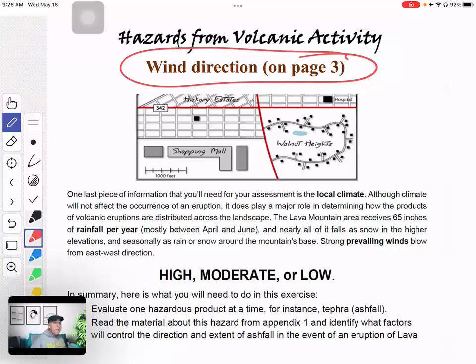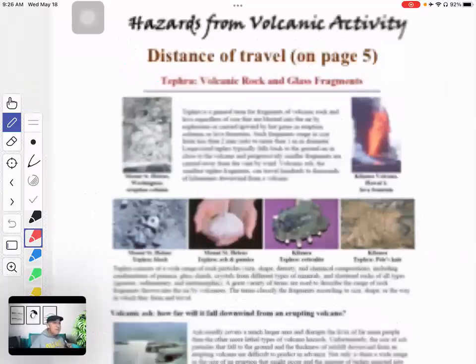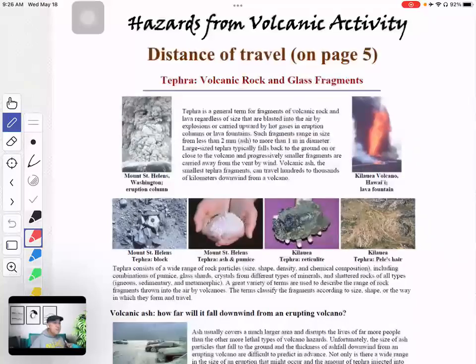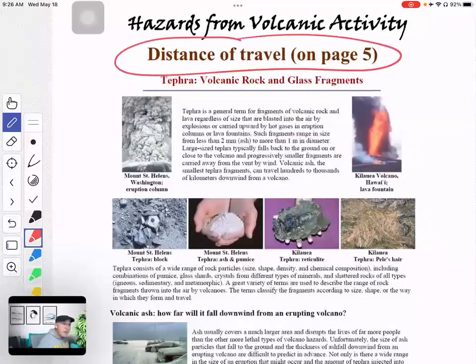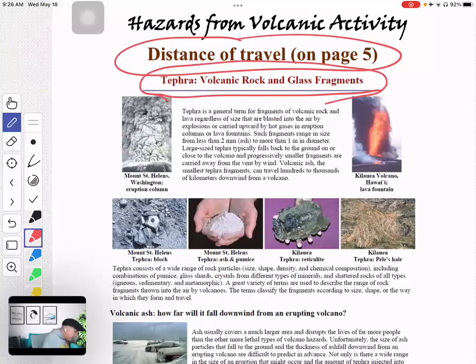For the distance of travel, we're going to look on page 5. On page 5, you're going to read a little bit of information about ashfall. What happens when you have ashfalls? How far can ash travel from the volcano? What's the area that is affected by that? You're going to read that on page 5.